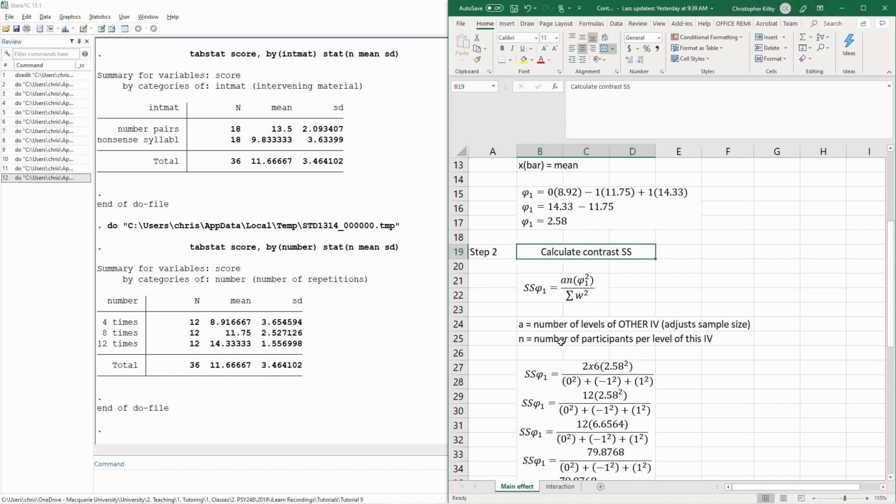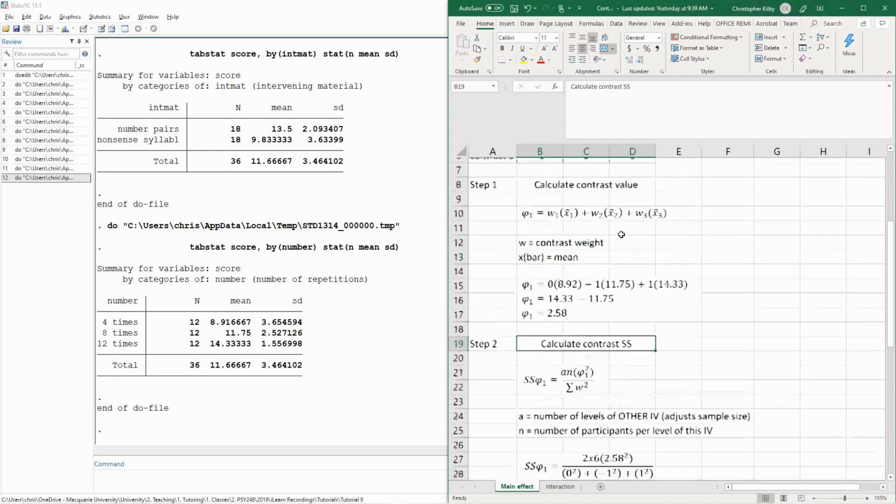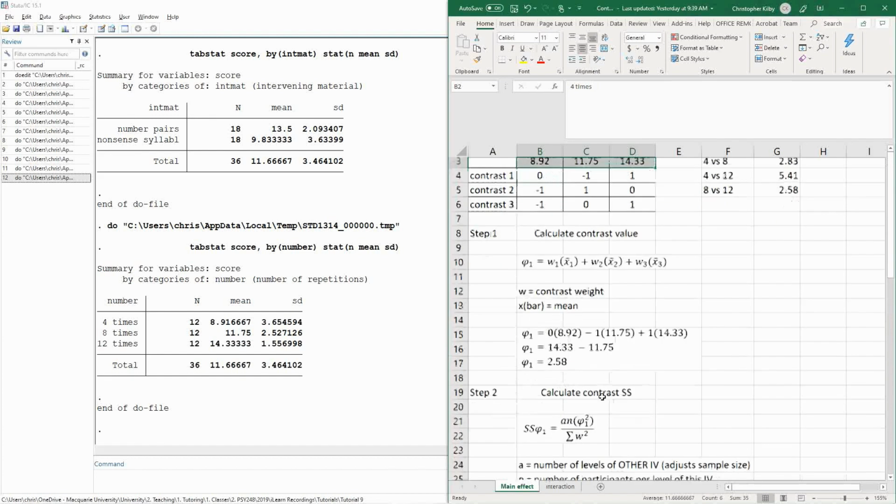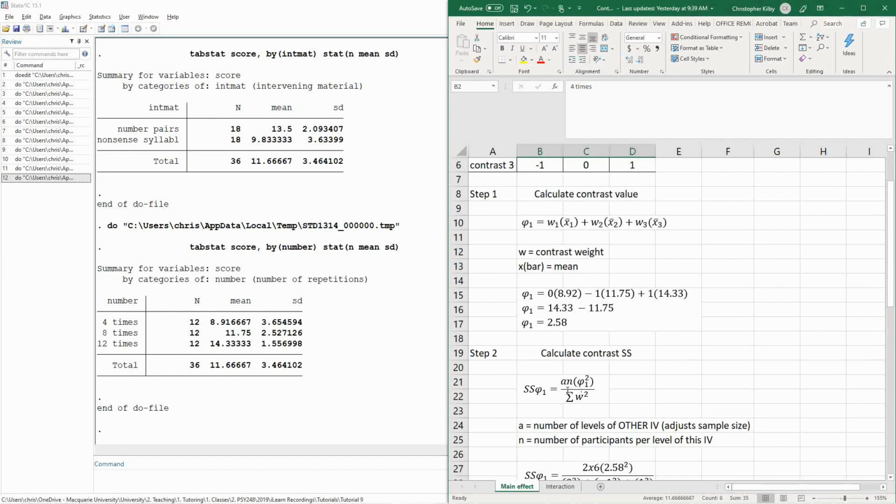The A symbol represents the number of levels on the other IV. So we're looking at repetition, and repetition has 3 levels. If we recall, number pair, intervening material was our other variable, and it has 2 levels. So our A here is going to equal 2. N represents the number of people in each level.